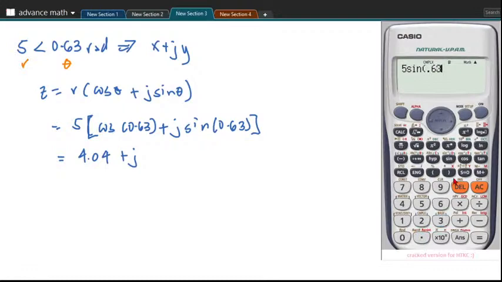This is now equal to 2.95, so plus j of 2.95. So we have converted a polar form of a complex number into a rectangular form.